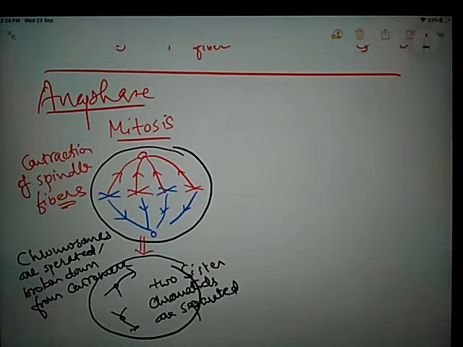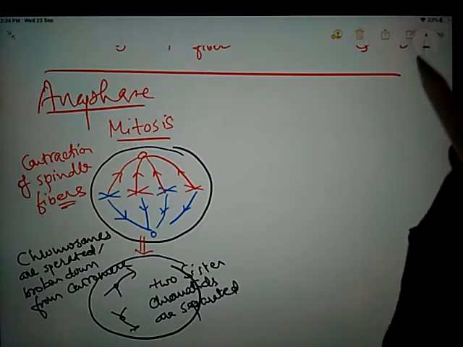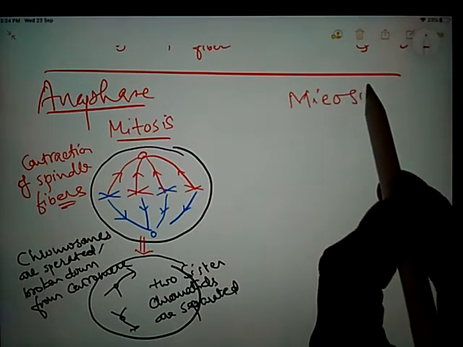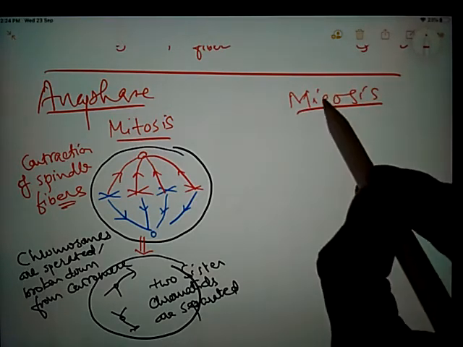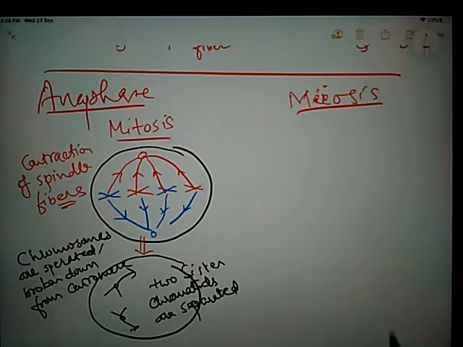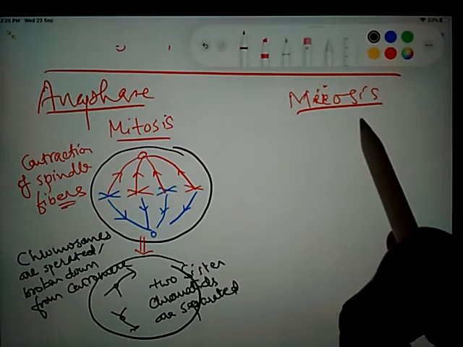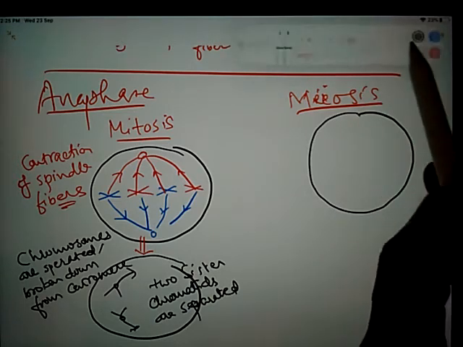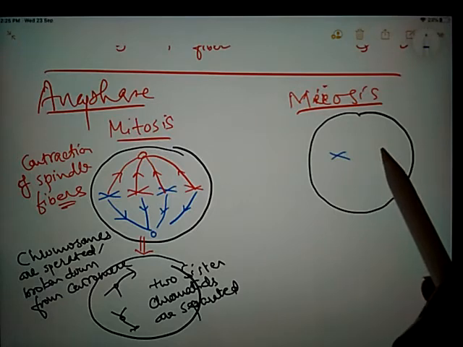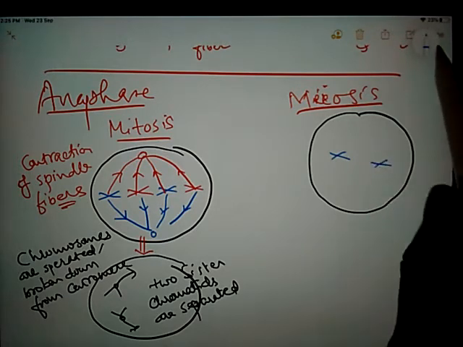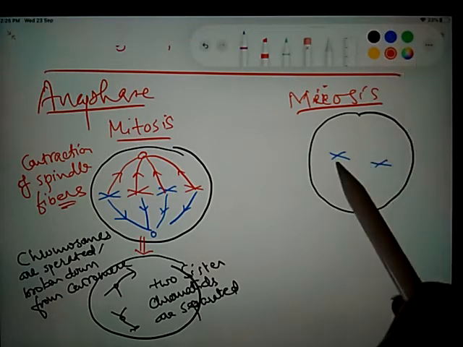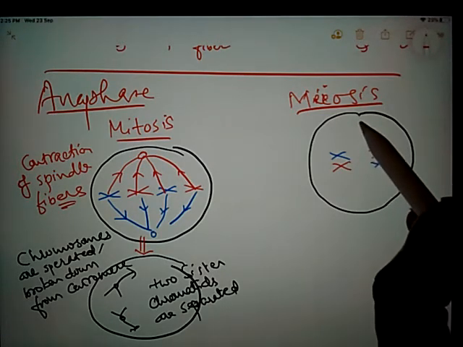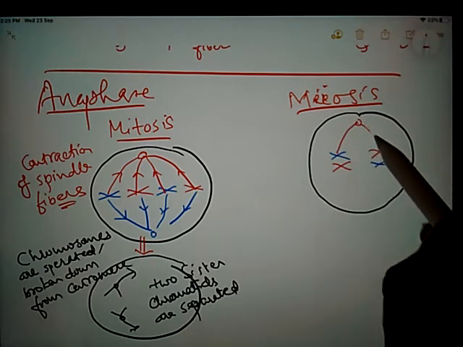So that's what happened during anaphase of mitosis. But in meiosis, we know that we have a pair of the chromosome, not a single chromosome. It is arranged into the pair. For example, if I arrange like these, then condensation definitely has to happen, right?